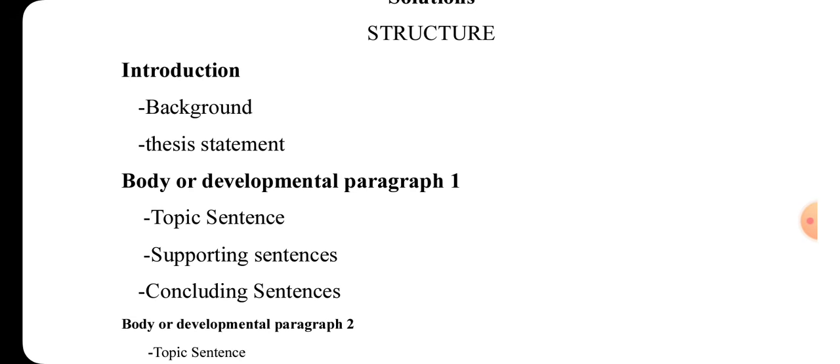Okay, so at the end of the day, I've given you an introduction, but my thesis statement is what? The effect of democracy. So if I read your thesis statement, I know that your essay is going to be centered on the effect of what? Democracy in Africa. So that is the thesis statement. The thesis statement controls the whole idea.